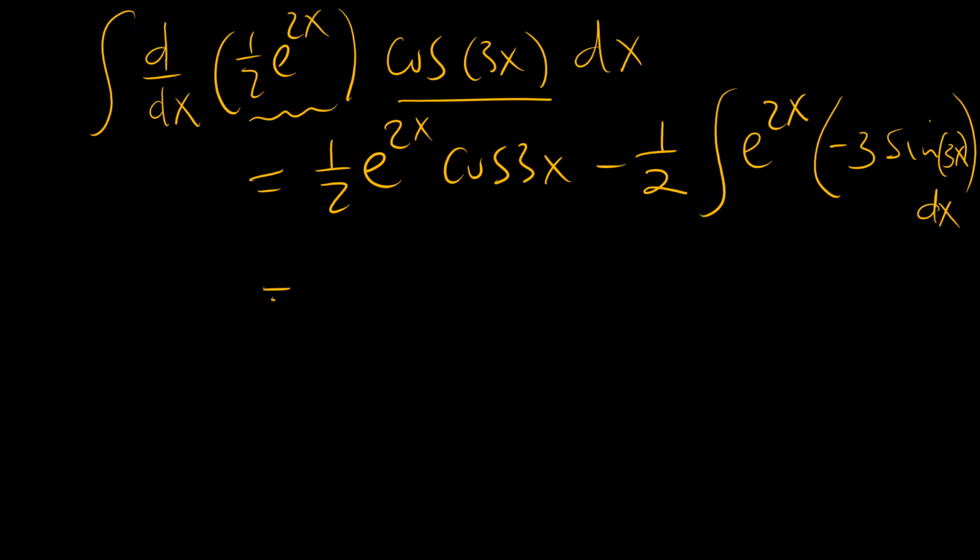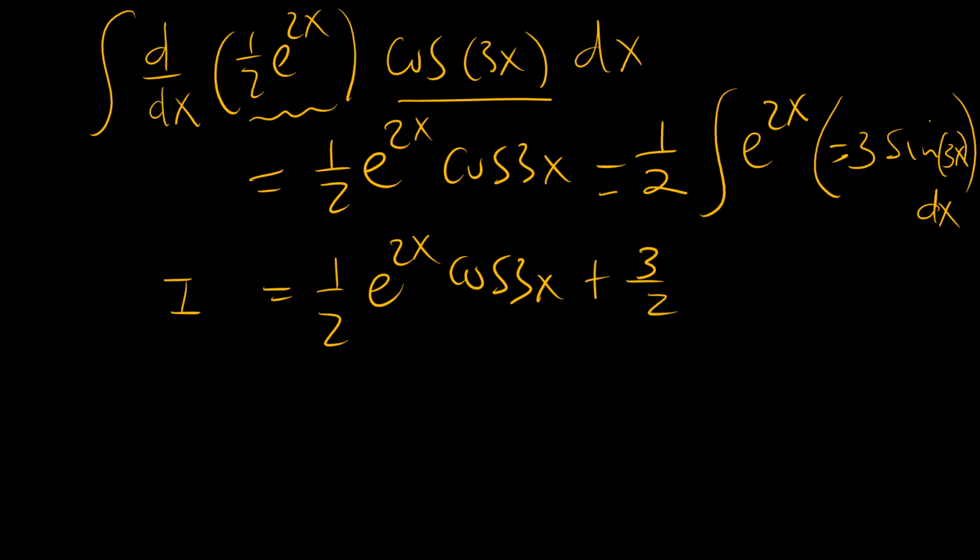So by the way, we say this is a half, so I is equal to a half e to the 2x cosine 3x, and this negative comes out. We have plus 3 over 2 e to the 2x sine 3x.